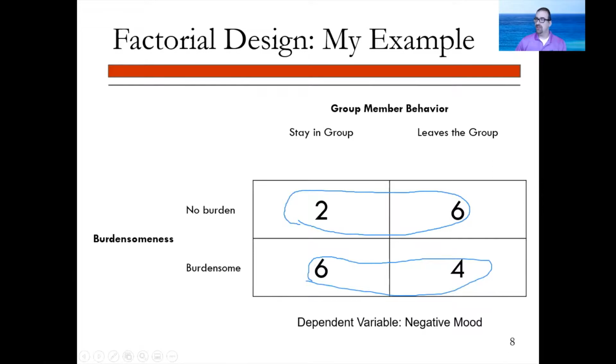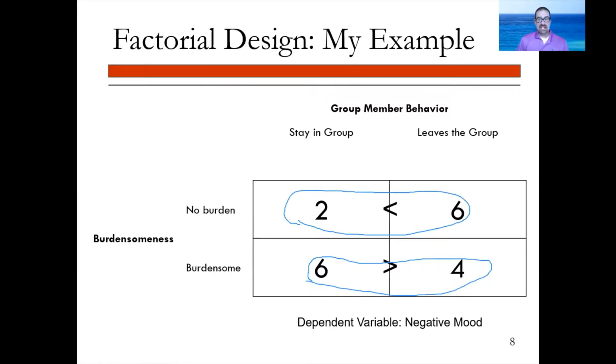The trick to this, though, is that the pattern changes. There's more negative affect when the group member leaves compared to when they stay in the group when they're not burdensome. We feel bad when a good group member leaves. But when that group member is burdensome, we're more negative when they stay in the group, whereas we might feel less negative, a little bit more relief, because that person leaves.